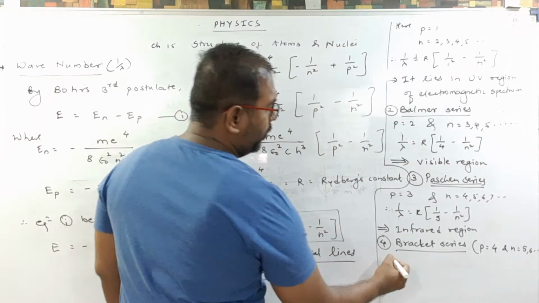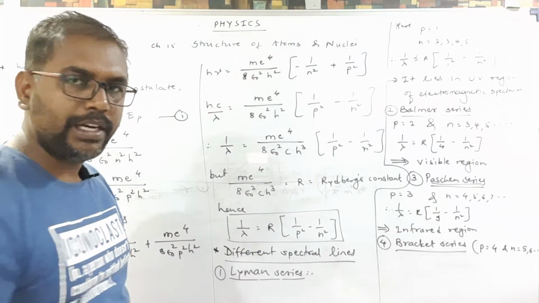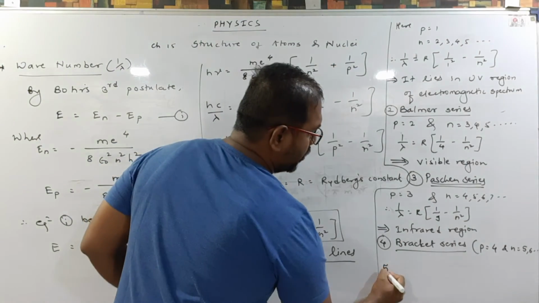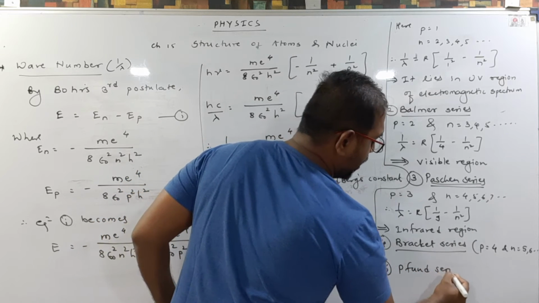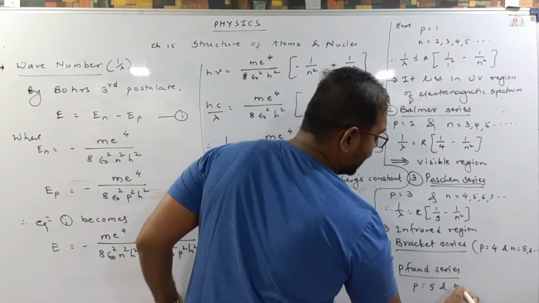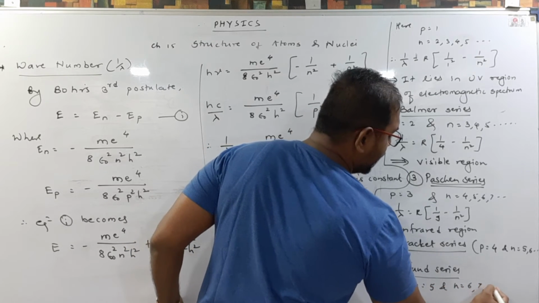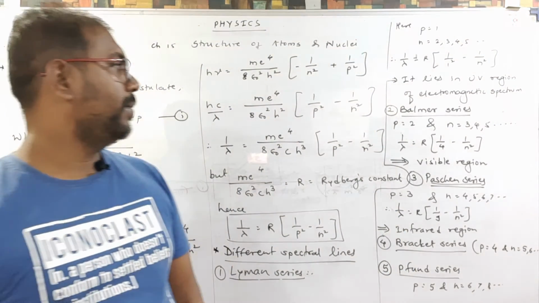Now we can find the wavelength, and definitely this also lies in the infrared region. Then the last one is the Pfund series. Again, here P is 5 and N is 6, 7, 8 and so on. These are the values of the outer orbit.